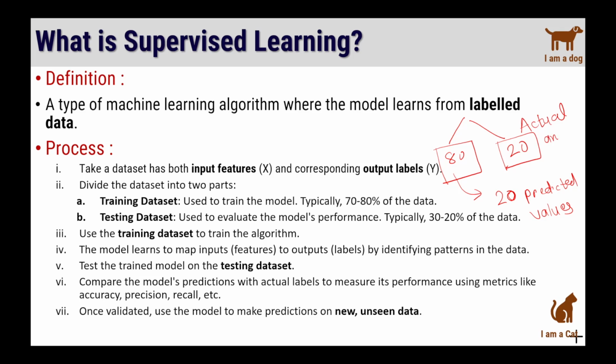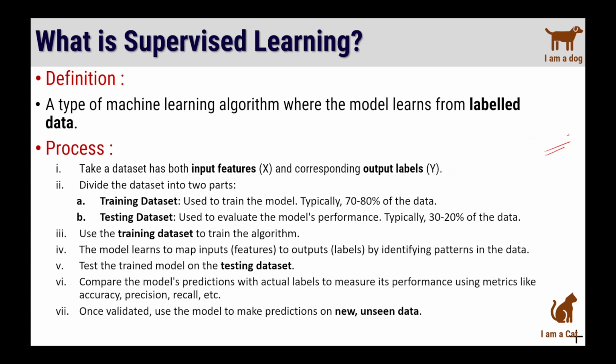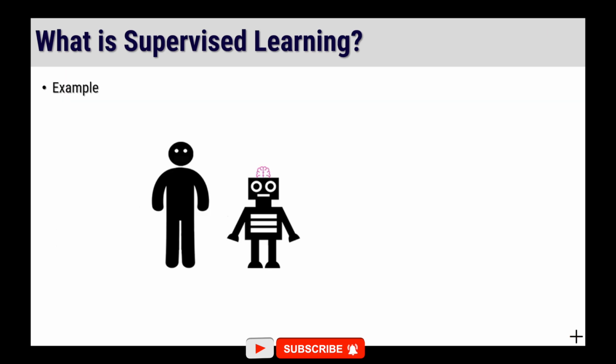They are actual answers. We will compare these both and find the accuracy of the model. This is supervised machine learning. I hope it is clear to you, but let's now understand this with an example.